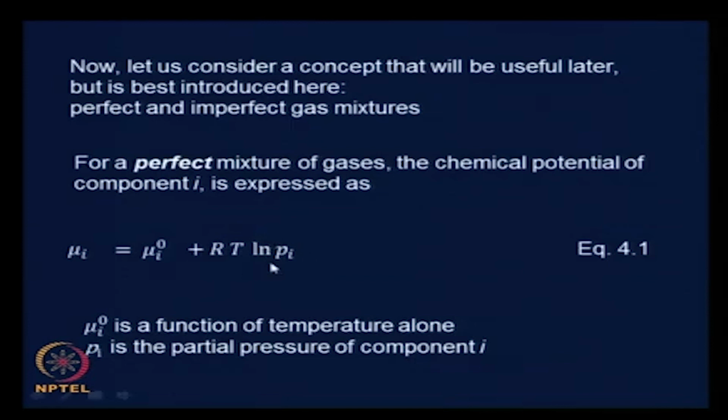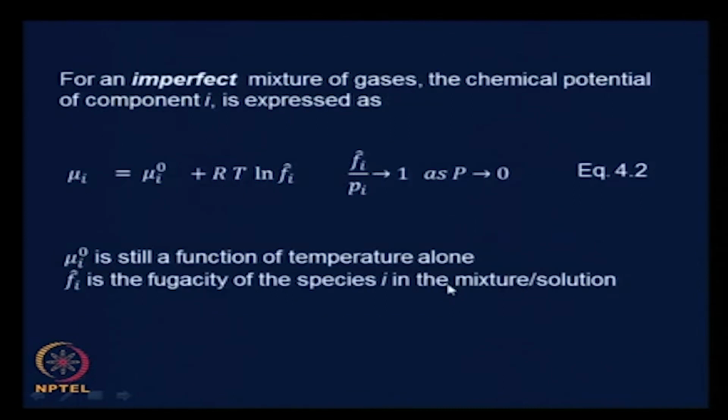Here you have the partial pressure, and mu I naught is a function of temperature alone. And for an imperfect mixture of gases, we had the chemical potential of component I as mu I equals mu I naught plus RT ln Fi hat. Fi hat is the fugacity of the component I in solution, which could be different from the fugacity of the pure component itself, which is given without the hat. And for completeness we will have to say that Fi hat by the partial pressure Pi tends to 1 as P tends to 0.